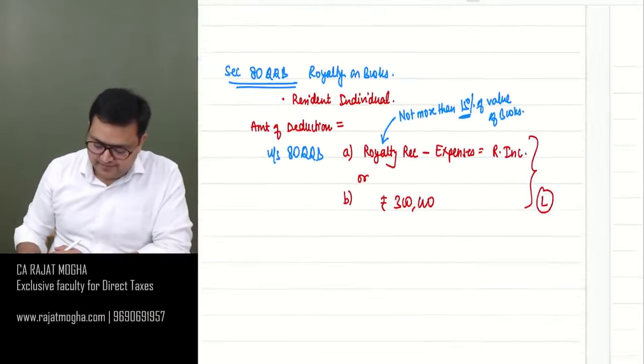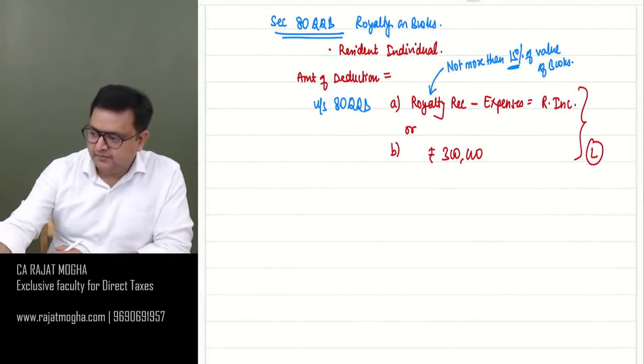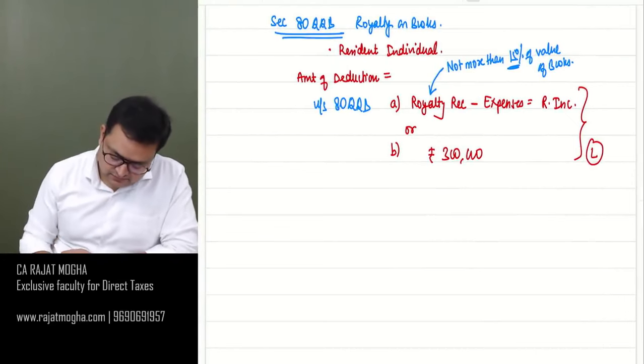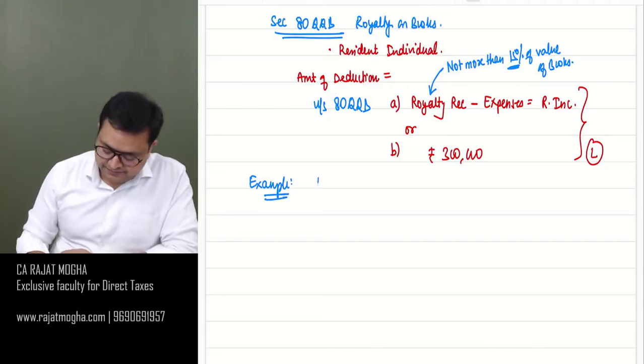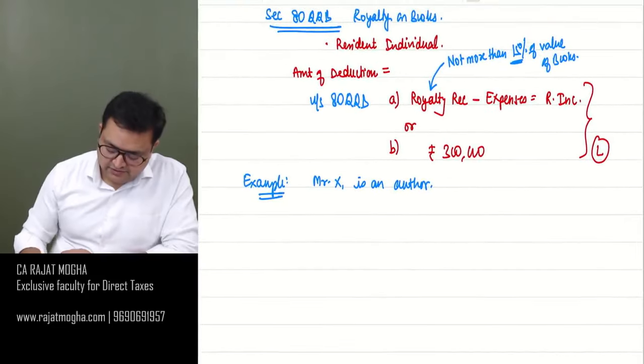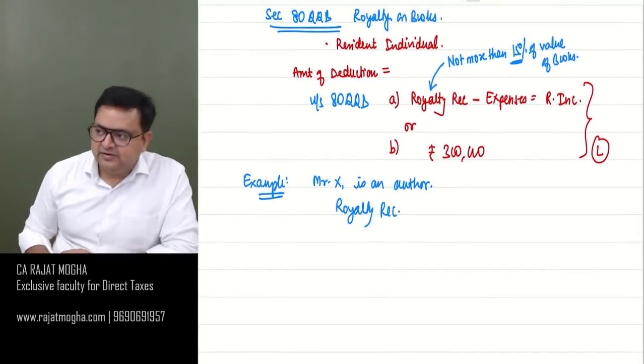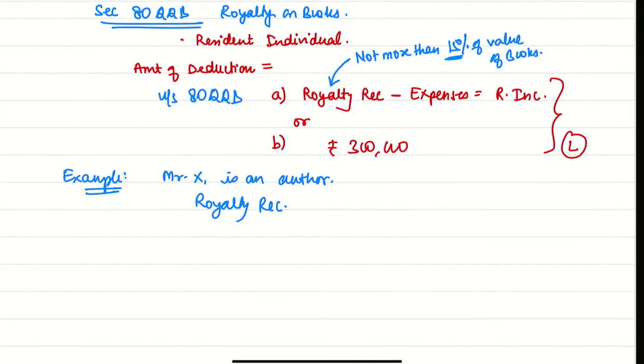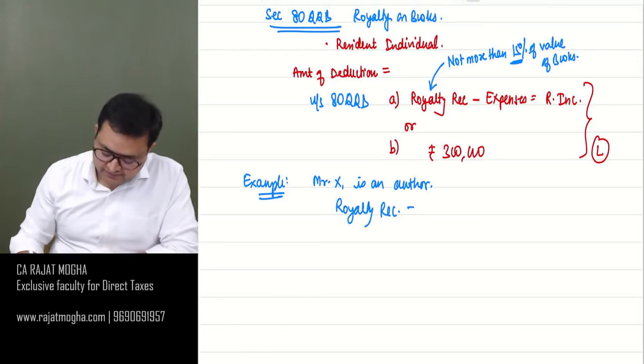Example. Let's say Mr. X is an author, and let's say royalty received is rupees 3 lakh, which is 20% of the value of the books.